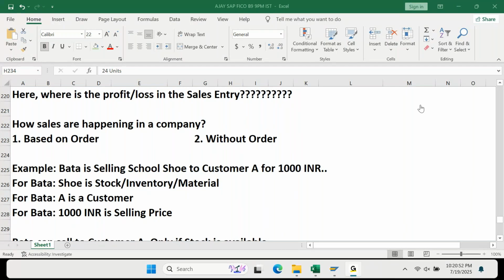In short, are all these interconnected or not? Yes, interconnected with each other. Without these points, is business possible? Not possible. Without this, business is not possible in any company.